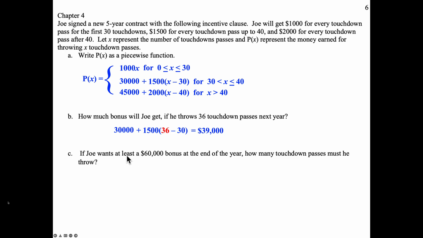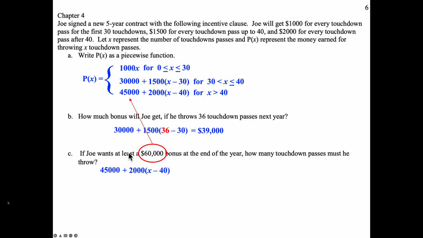So if Joe wants at least $60,000 in bonus at the end of the year, how many touchdown passes must he throw to get at least 60 grand? Well, 60, notice the max out value, is bigger than 45,000. So we're definitely going to have to throw over 40 touchdown passes. So we're going to take the third expression.